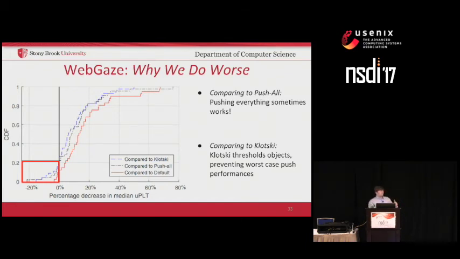We need to be less conservative in some cases as to what we identify. If we compare to Klotsky, it is actually thresholding: if an object is very large, it prevents these worst case HTTP2 push performances via its load time estimator. So we need to further analyze the trade-off, not just utilizing the collective fixation as feedback, but measuring either object load times or object sizes and incorporating this into a formal trade-off as future work.